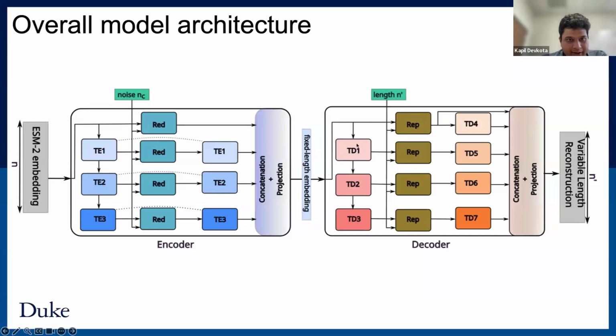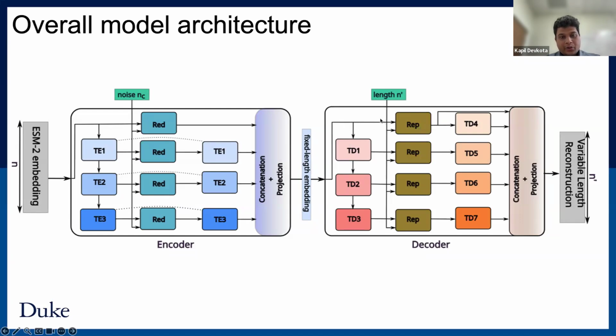Yeah, the length. So transformer layers are length invariant, right? You can provide any length to a transformer and it will produce the same output at the end. So we try to imagine a UNet-like architecture where you have multiple repetition copies, right?